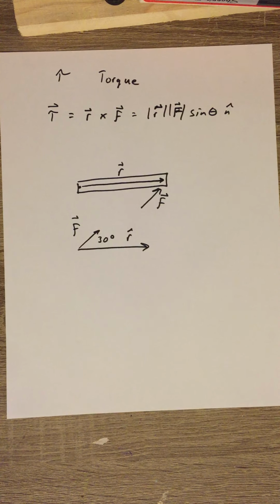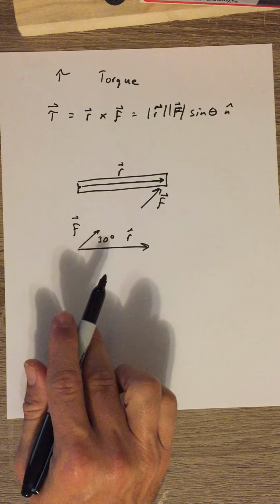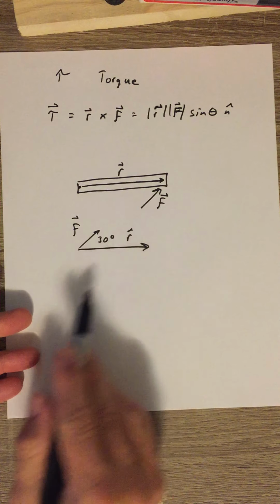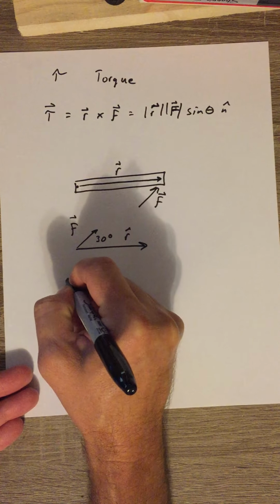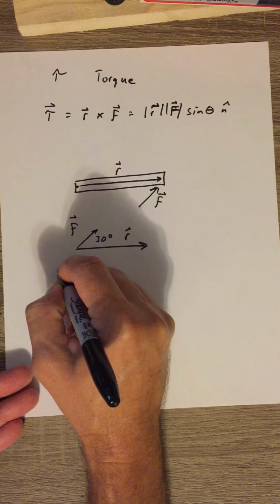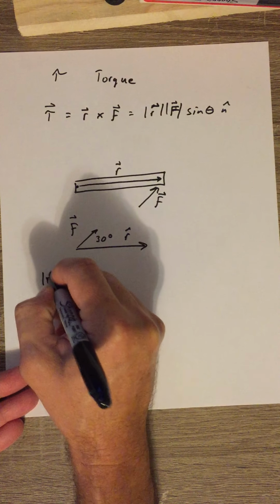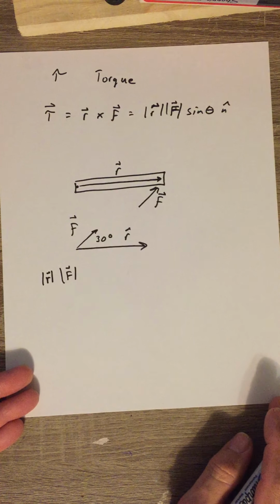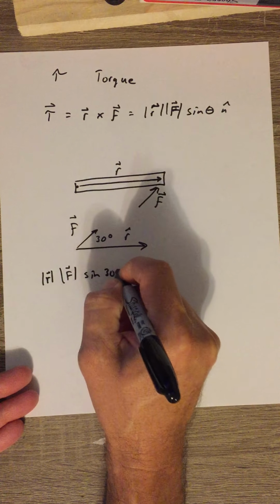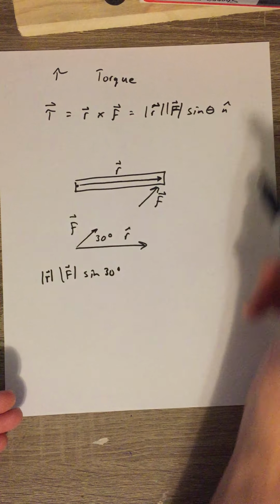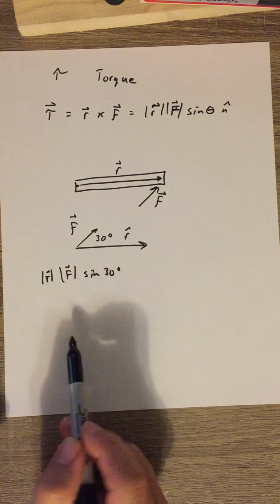So what does that mean? Well, if I'm going to calculate this, the magnitude of the cross product is going to be the magnitude of R times the magnitude of F times the sine of 30 degrees, and we'll deal with this normal vector in just a second.